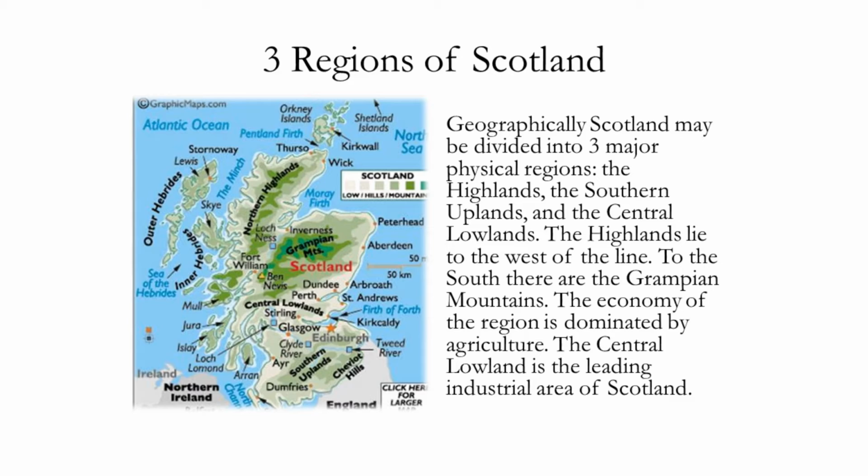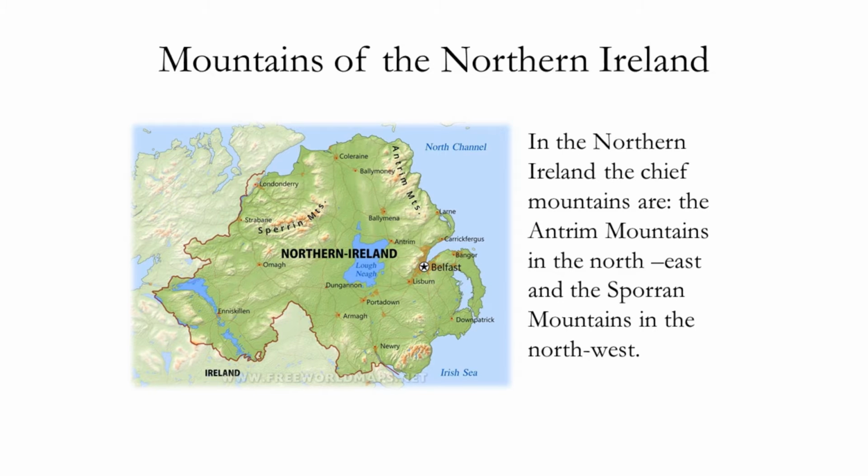The Central Lowland is the leading industrial area of Scotland. In the Northern Ireland, the chief mountains are the Antrim Mountains in the northeast and the Sporran Mountains in the northwest.